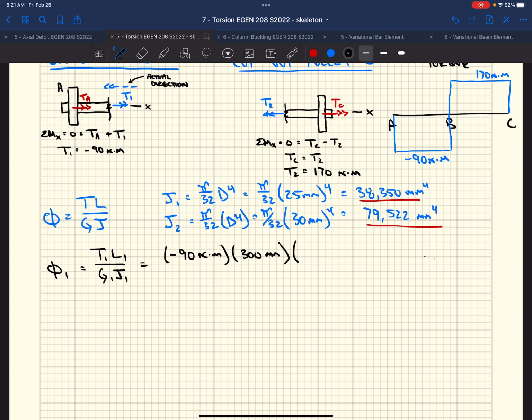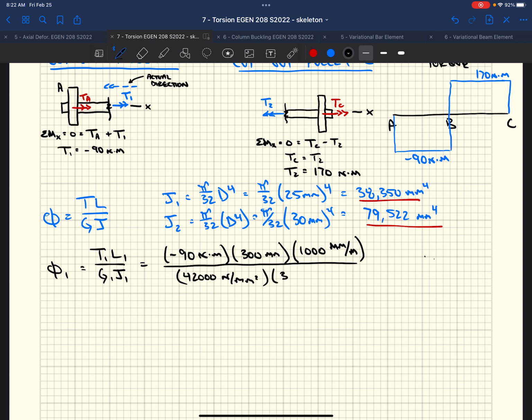And so I multiply by 1,000 millimeters per meter. I was looking at the wrong section. It seemed wrong, but I'm right. All over G. Well, we were told it was 42 gigapascals, which is 42,000 megapascals, which is 42,000 newtons per millimeter squared, as we know.